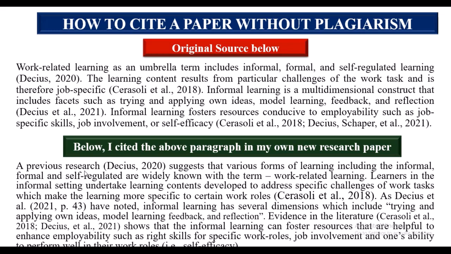It will flag it as plagiarized. That is one secret. Then look at the second sentence. It said, the learning content results from particular challenges of the work task and is therefore job specific, according to this author.